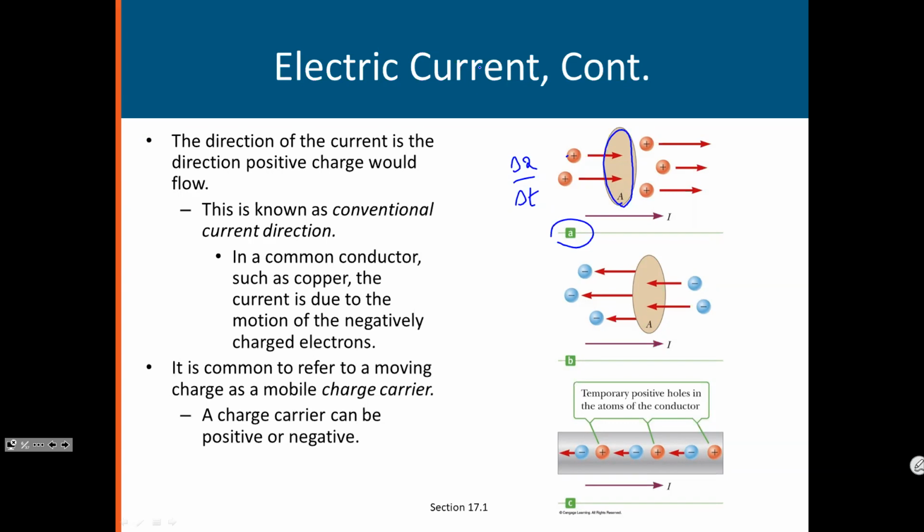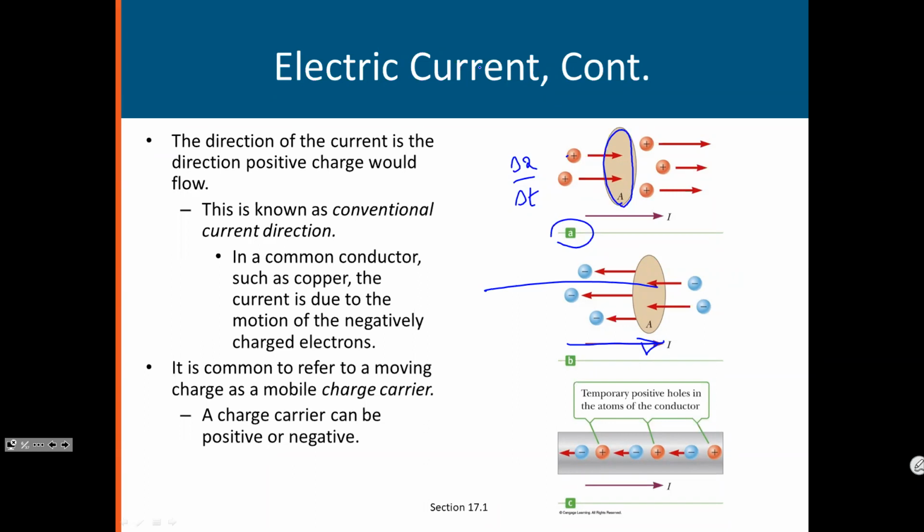So when a negative charge is flowing, the direction of the current will be opposite to the direction of the charges flowing. Let's say electrons are flowing to the left, but we say the current is to the right. Suppose the electrons are flowing to the right, we say the current direction will be to the left. This is the convention.